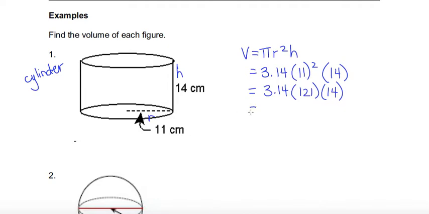So the last step you can do in one full calculation, 3.14 times 121 times 14 gives us approximately 5,319.2 if I round to the nearest tenth, and my units are centimeters, and because it's volume, it's cubed. So the volume of my cylinder is 5,319.2 centimeters cubed.